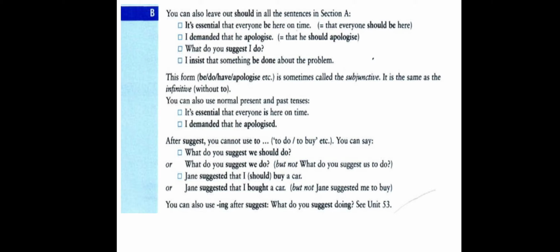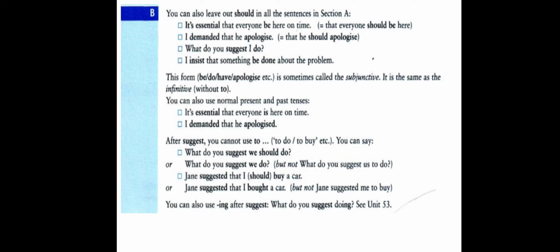Example number 2, I demanded that he apologize. If you notice here, apologize is in the base form. After he, if it is in the present, then we use s with apologize. Then it becomes he apologizes. But here, I demanded that he apologize means I demanded that he should apologize.